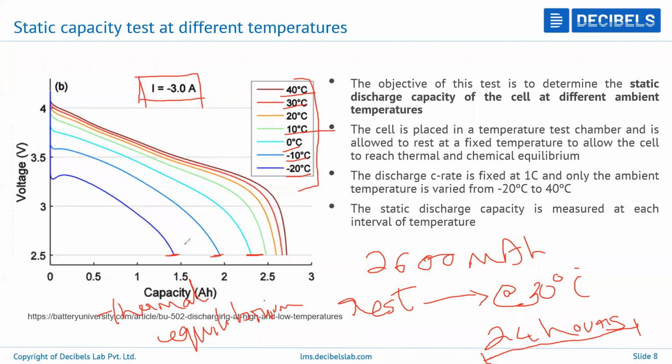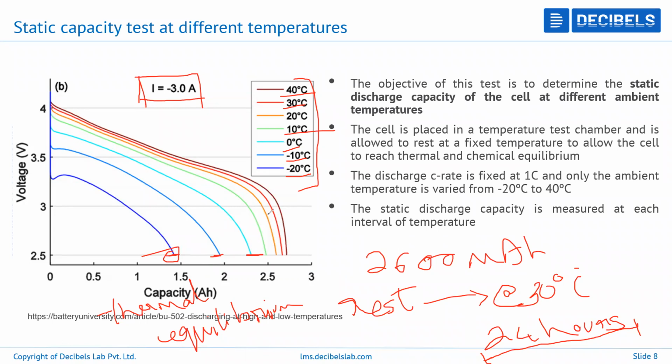So at lower temperatures, the cell faces extremely heavy resistance, and that is why it is not able to sustain itself for a long period of time. It discharges very quickly, thus giving a very low amount of capacity. And vice versa for higher temperatures.